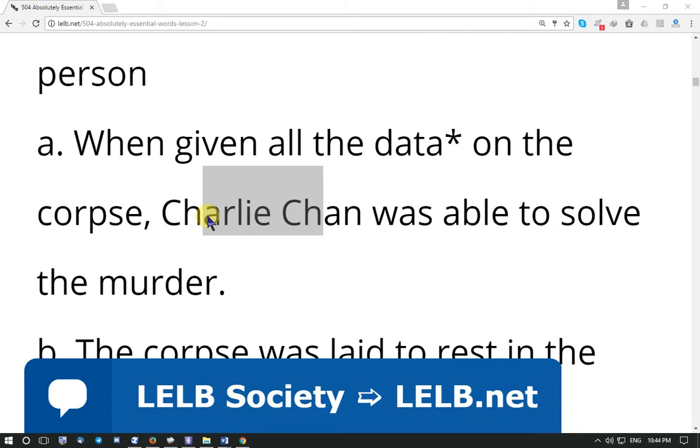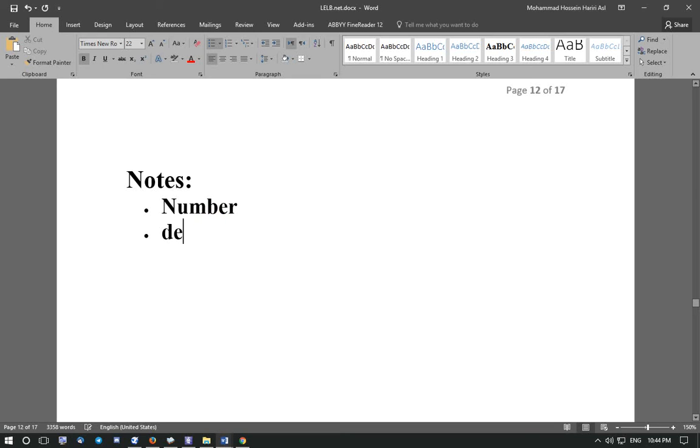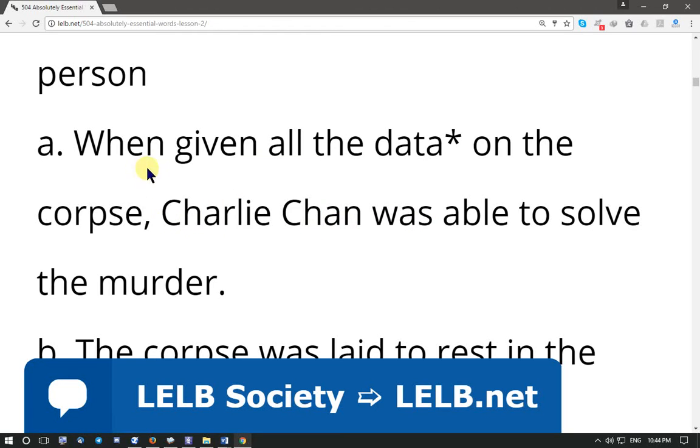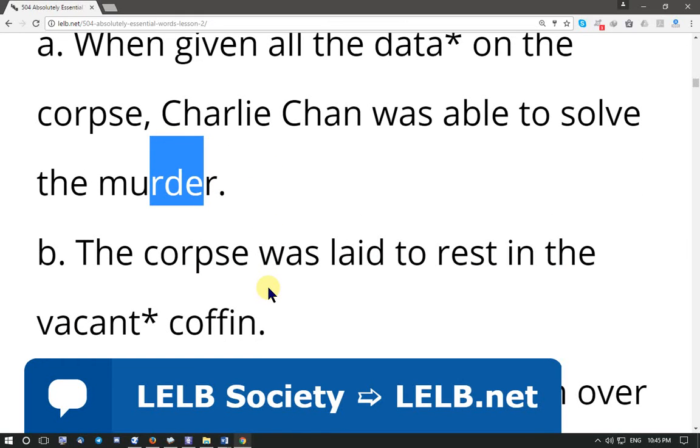A detective is a police officer in the field of, let's say, crime investigation and forensic issues, and so when he had all the necessary information or data, he could solve the problem all about the murder, and he could realize who had killed the murdered person. Okay, who was the murderer?